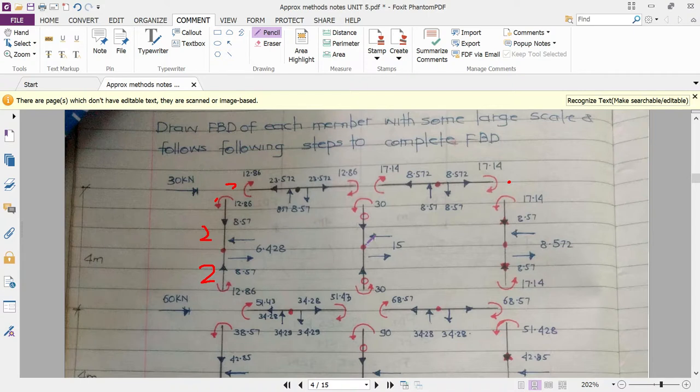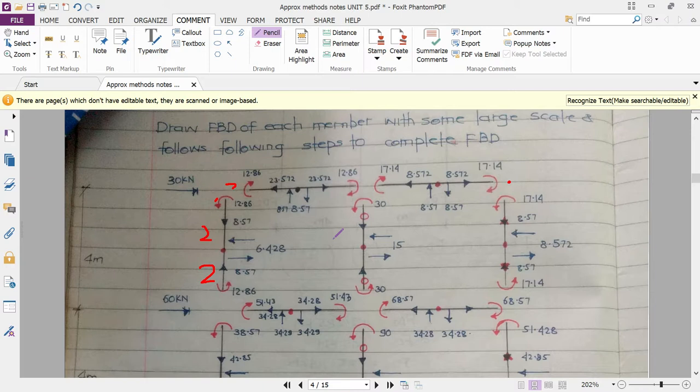So 30 minus 6.48, that is equal to 23.57, and here also 8.57, effective length will be considered here. Okay, so in this way we will calculate the axial forces in the beam.